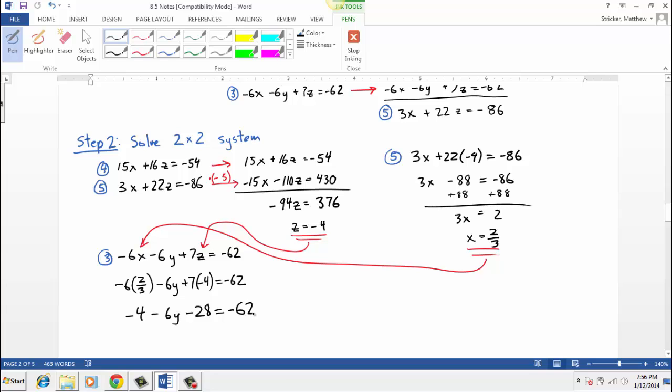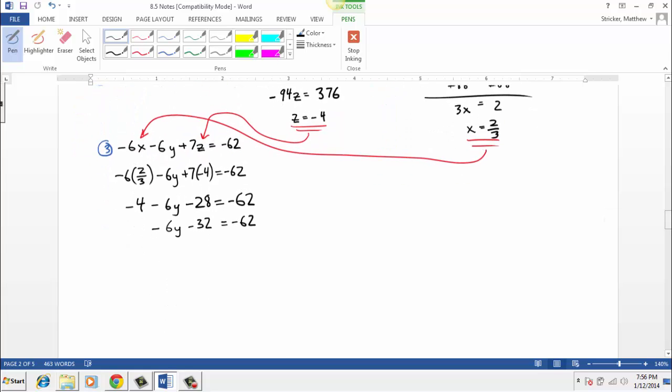And then combine like terms, I get a negative 6y minus 32 equals negative 62. If I add 32 to the other side, almost done here. That's going to give me a negative 30 over here is equal to a negative 6y. And then of course if we divide by negative 6, we're done. We got that y is equal to 5.